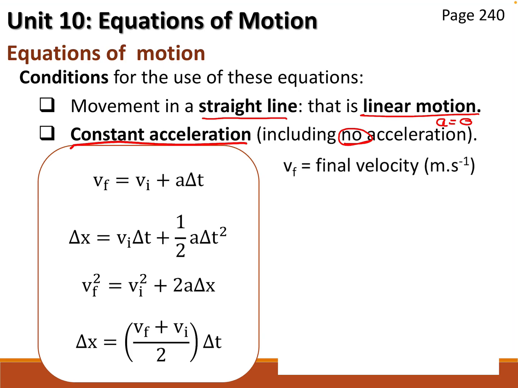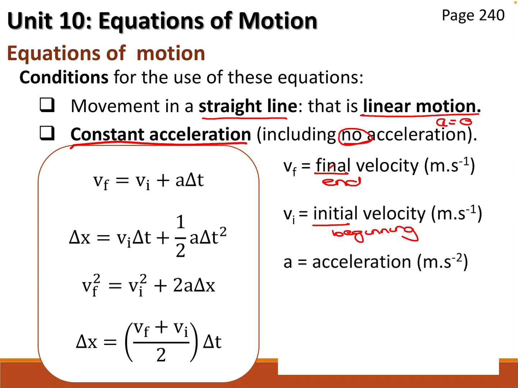VF means final velocity, V for velocity, F for final. VI, initial velocity, so final is at the end, initial is at the beginning. All right, fairly straightforward. A is acceleration in meters per second squared. Delta T is time in seconds, and delta X is the displacement in meters.